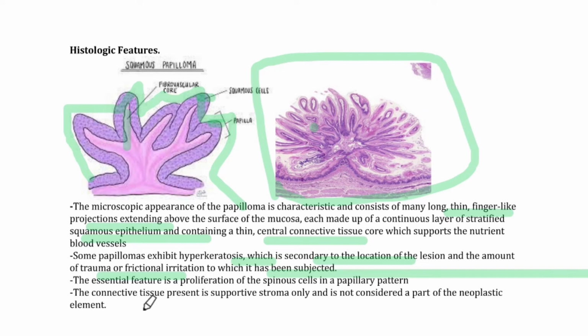The essential feature is a proliferation of the spinous cells in a papillary pattern. The connective tissue present is supportive stroma only and is not considered a part of the neoplastic element.